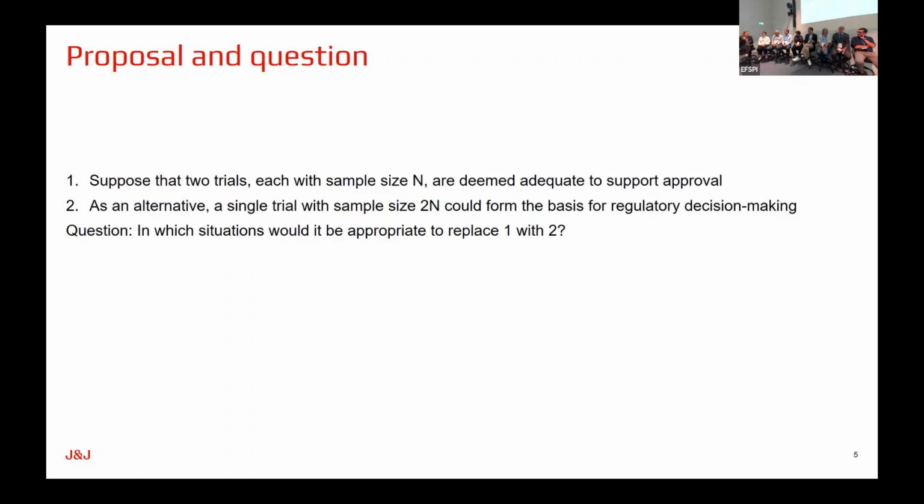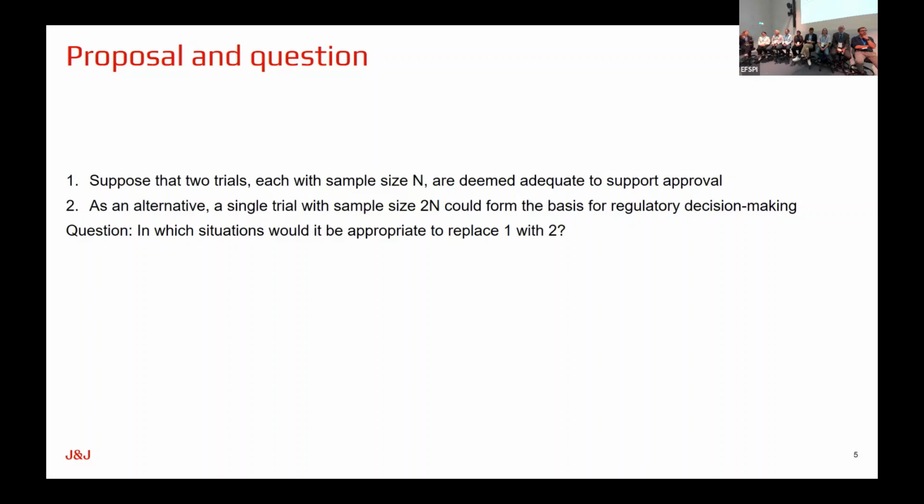My preference is also for two trials, mainly because of bias considerations. It must be more likely to accidentally have bias in one trial than accidentally have some bias in two trials in the same direction.